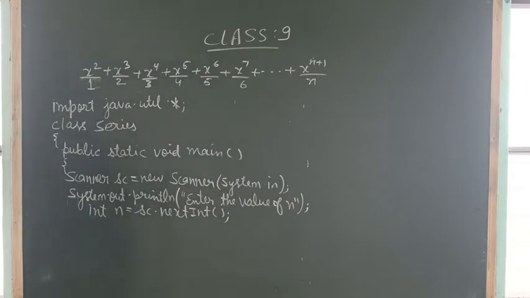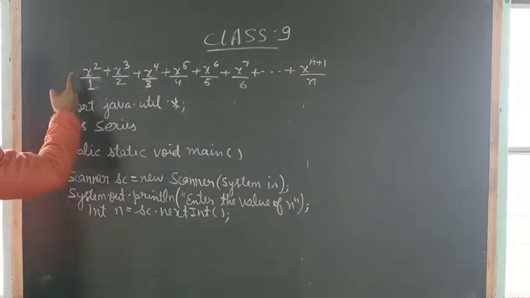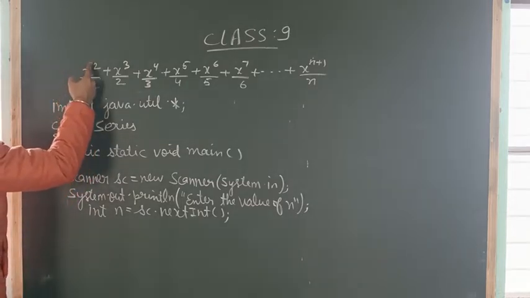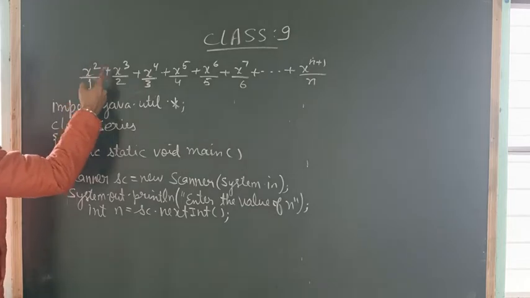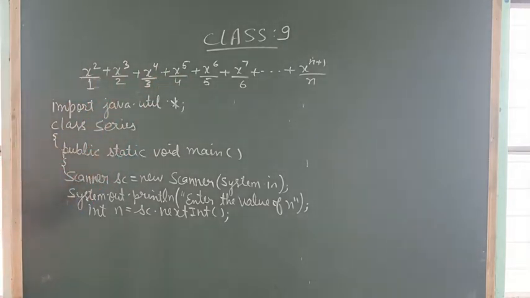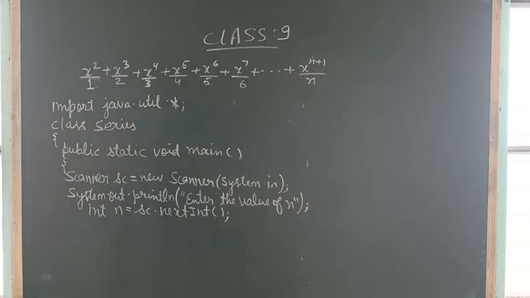Why? Because it is starting with 1, and the relation between the numerator and the denominator is that when the numerator is 2, the denominator is 1; 3 and 2, that means the difference is 1. So if we are taking the denominator, then the numerator will be denominator plus 1. Suppose the denominator is 1, then the numerator is 2, so 1 plus 1 is 2.